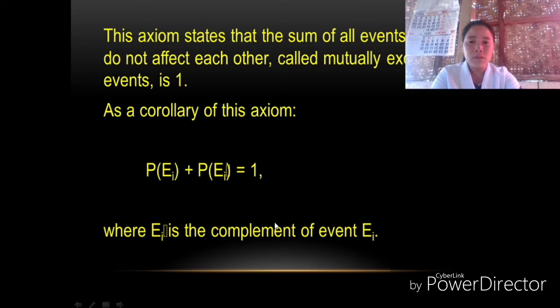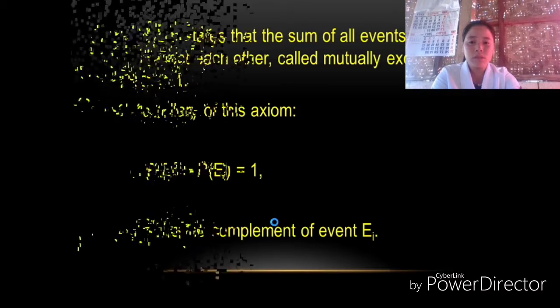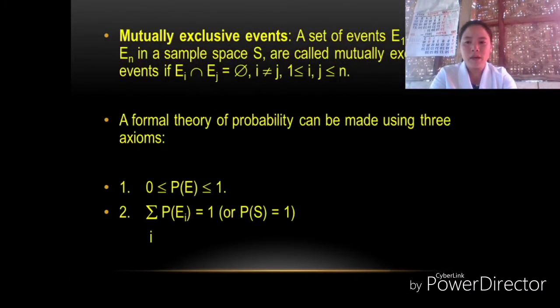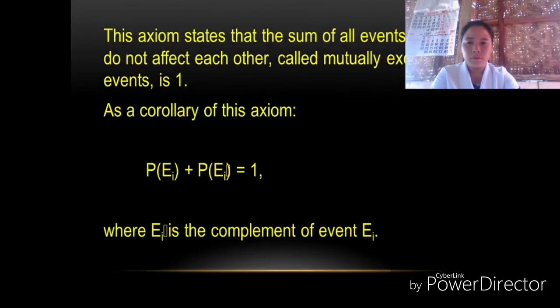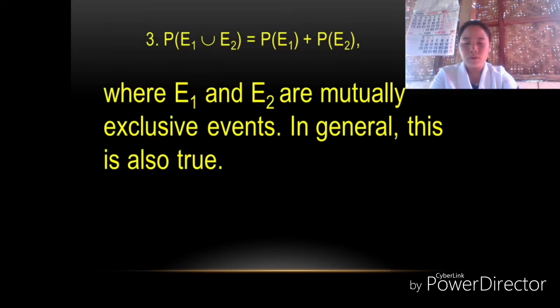These are the reasons for the first and second axioms. Then the third is P of A sub 1 union A sub 2 equals P of A sub 1 plus P of A sub 2, where A sub 1 and A sub 2 are mutually exclusive events.